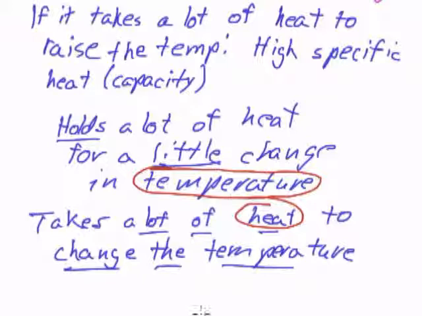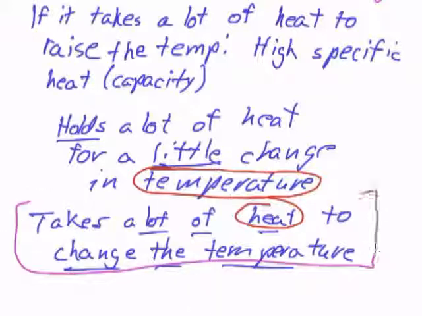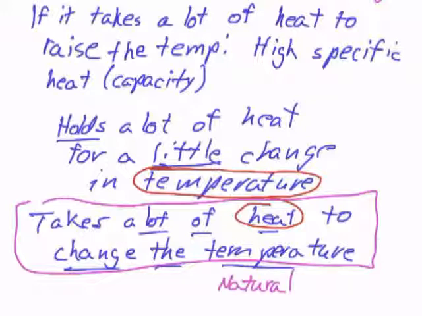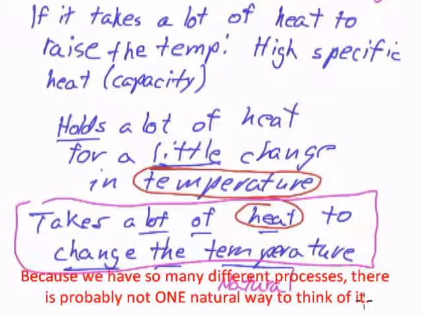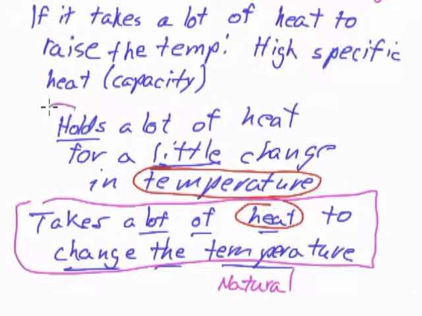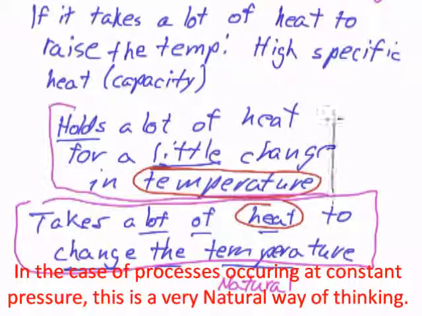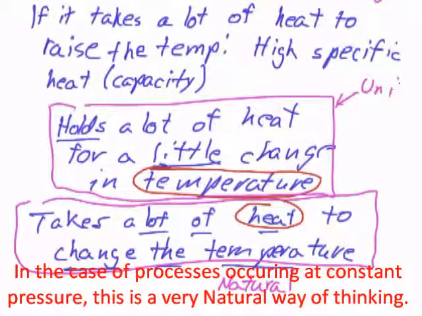I bring these both up because I think this way is the more natural way for me to think of it. I don't know about other people, but it seems more natural to me. On the other hand, if you look at the units on specific heat, this way is a better way of thinking of it.